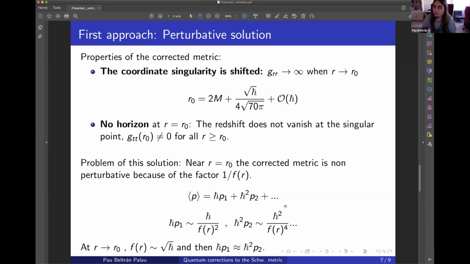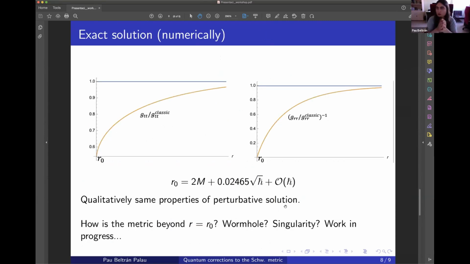Therefore the perturbative hypothesis is not verified, and this perturbative solution gives us a bit of intuition about the kind of conclusions we can have from the corrected metric, but it isn't a good approximation to the problem. So if we want more accuracy, we have to solve it numerically and find the exact solution.